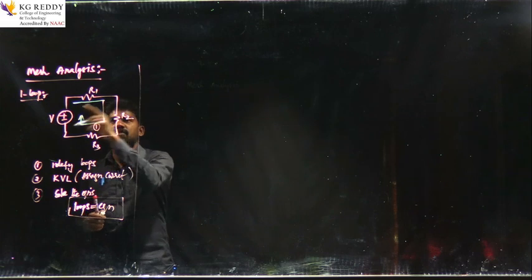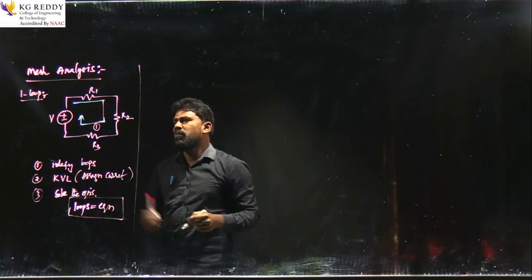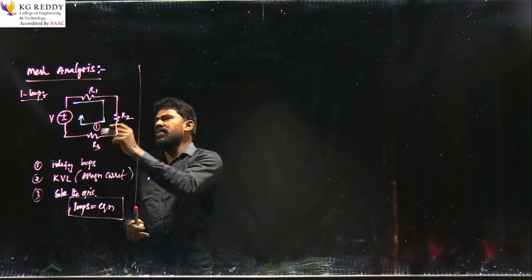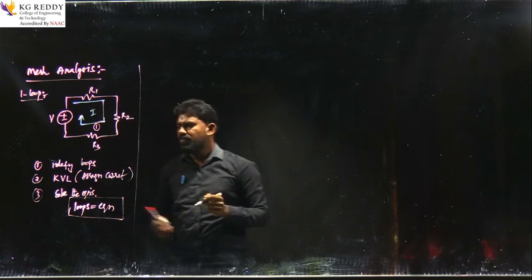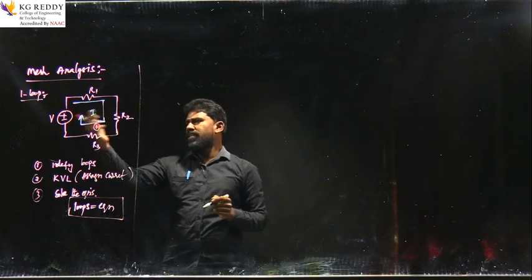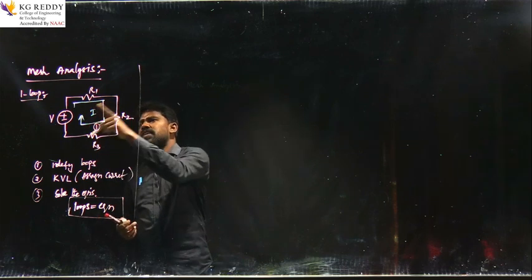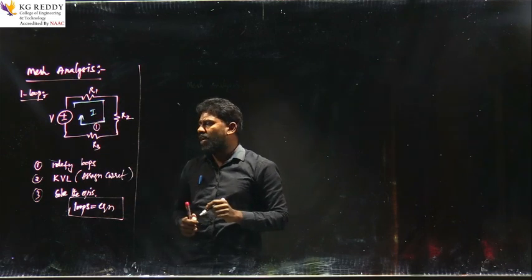The current passes through R1, R2 and R3. Because R1, R2, R3 are connected in series, the current is the same in each element, and I denote it with I. I assigned a current direction in each loop. Only one loop is there, so I got only one current, I.